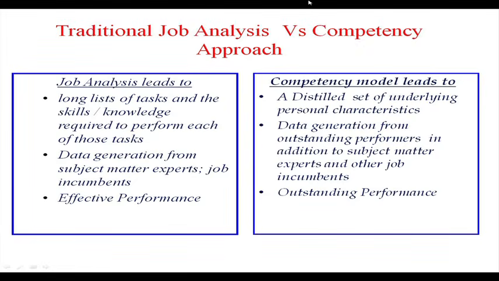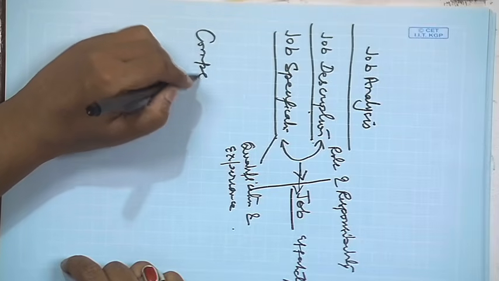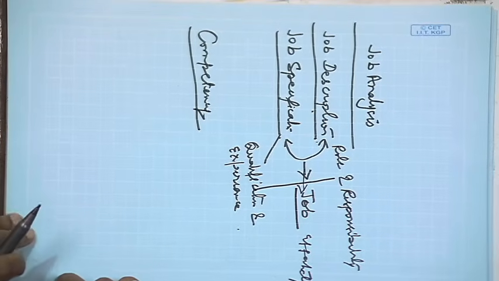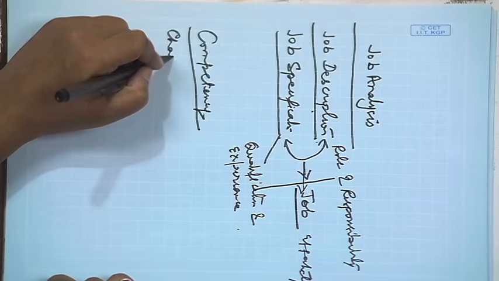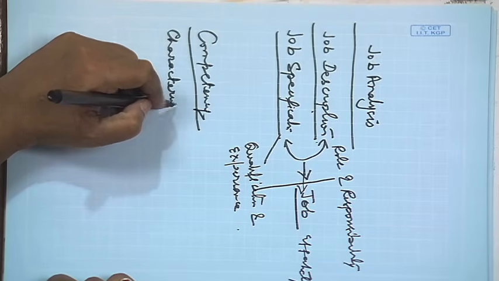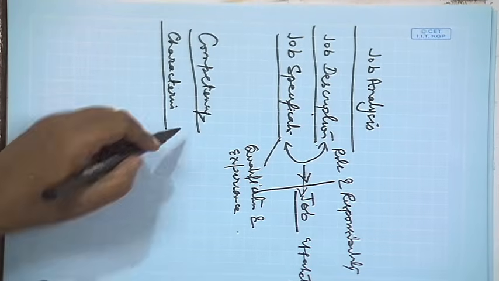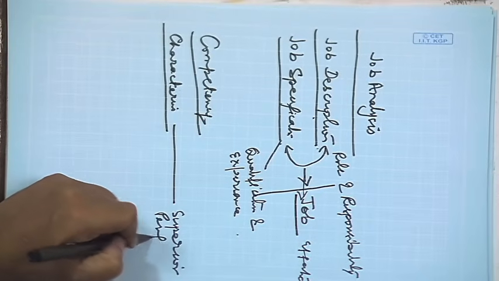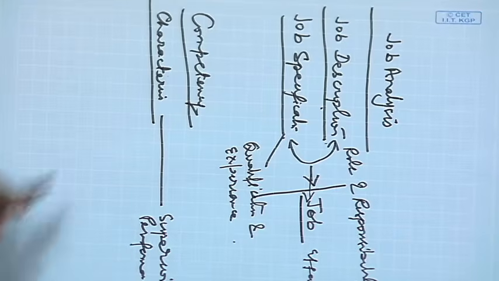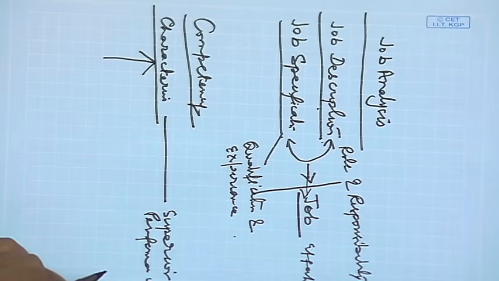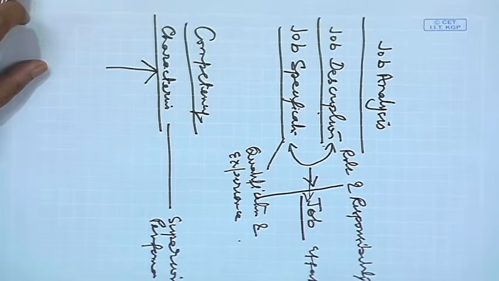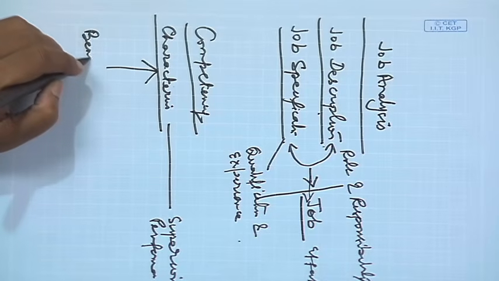Now, when we are going to use this competency approach, it is different. Different in the sense that you try to identify certain characteristics, what you call underlying characteristics, which lead to superior performance, not average or effective or standard performance, right. So, how do you identify these characteristics? These characteristics are not identified based on the job description process, but you identify them based on benchmark jobs.